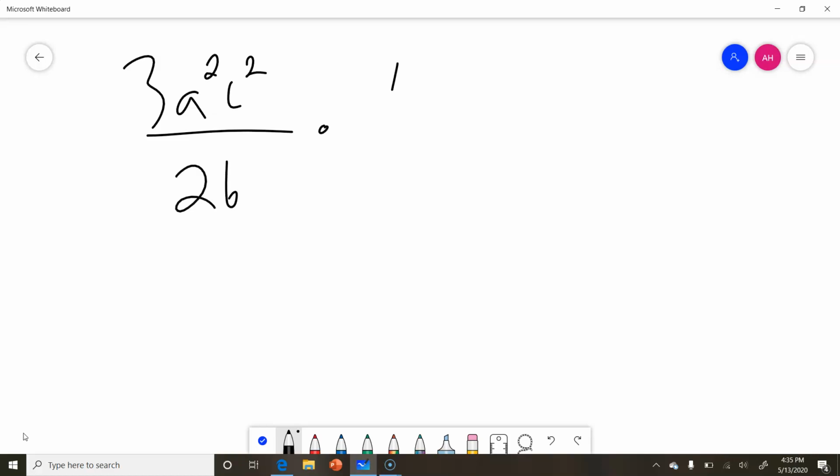So in example 2, we have 3a squared c squared all over 2b times 10a over 9bc. Okay, and then when we go to do this, the first thing that I can do is take out the numbers.